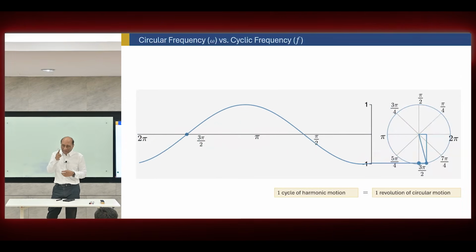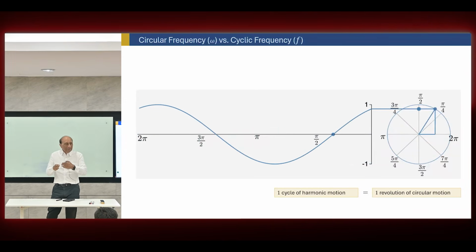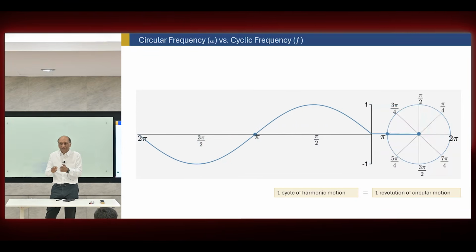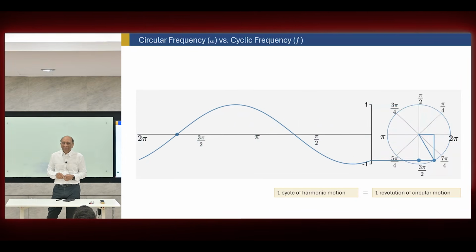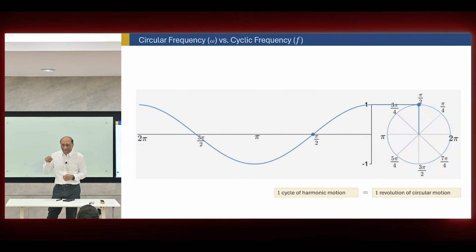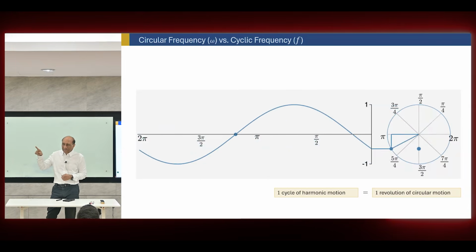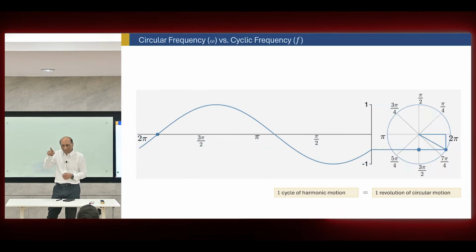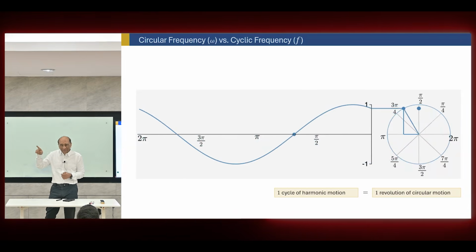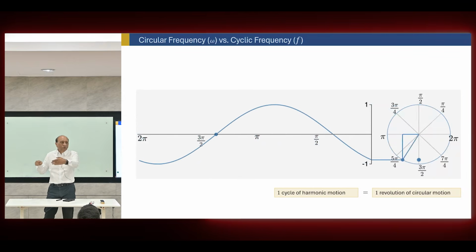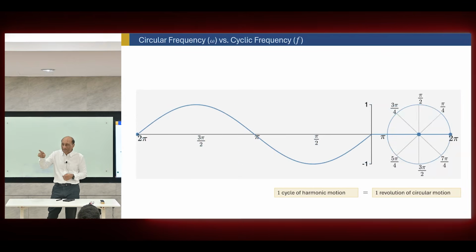So the angular motion is related to translational motion through this relationship, right? Cos and sine come into play, and that's how the angular frequency or angular motion can be converted into a translational motion or a wave pattern.